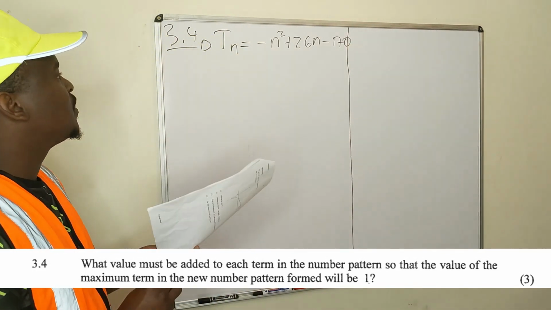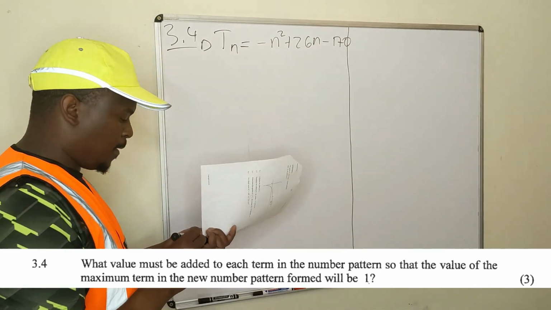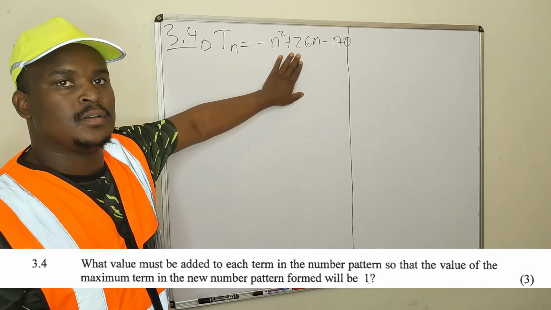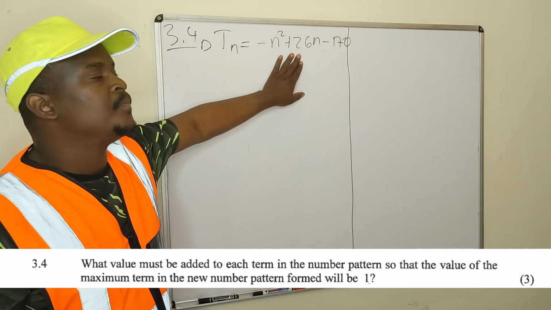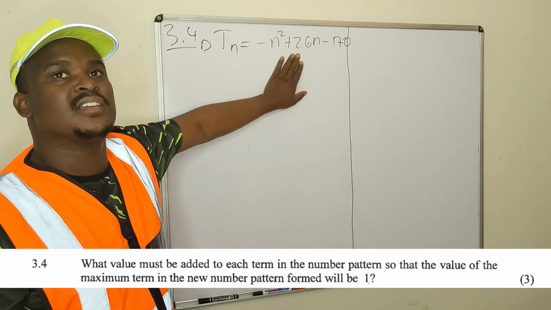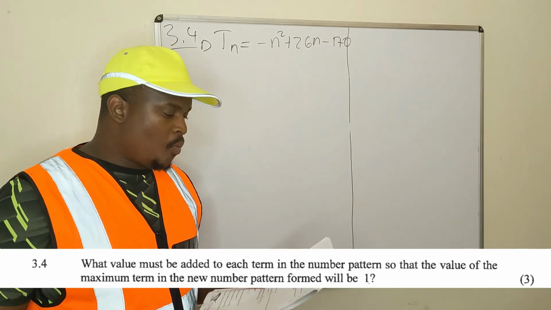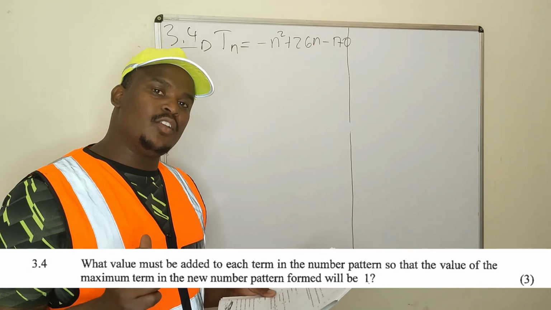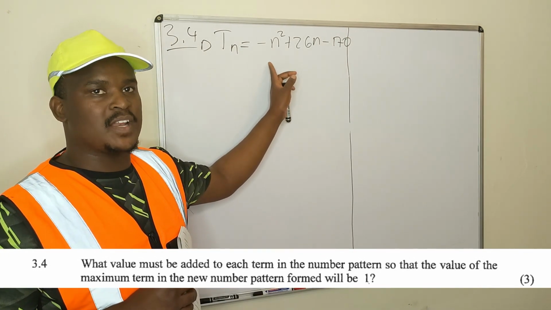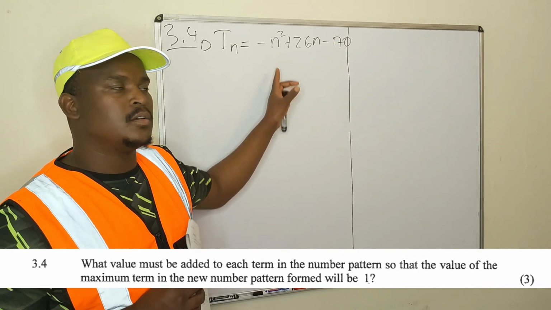So they're asking, what value must be added to this pattern here, such that the maximum term of this sequence is 1. What they want us to find is some value that we can add to all numbers on this pattern so that our maximum term on the pattern is 1.